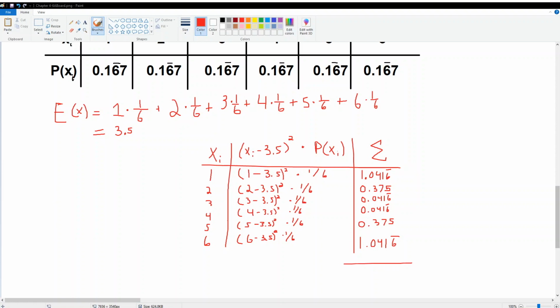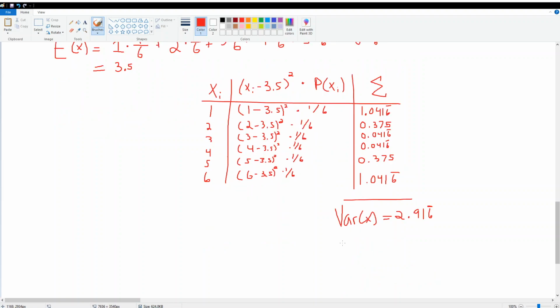And then finally we have the 0.04166666 plus 0.041666. So therefore, our variance is equal to 2.916 repeating.